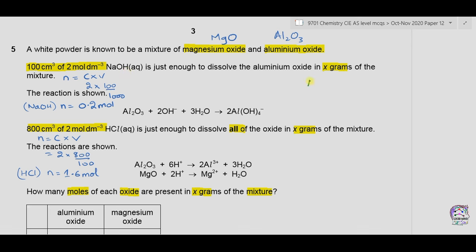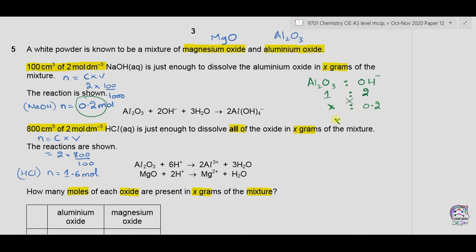In the statement they say that sodium hydroxide dissolves aluminum oxide. So we can take the ratio between aluminum oxide and sodium hydroxide. According to the balanced equation, 2 moles of sodium hydroxide dissolve 1 mole of aluminum oxide. So we can write 2:1. As we have 0.2 moles of sodium hydroxide given, so 0.2 moles of sodium hydroxide will dissolve X moles of aluminum oxide.